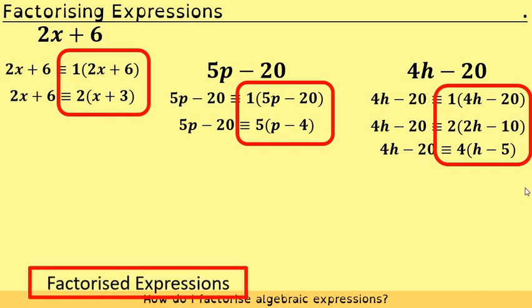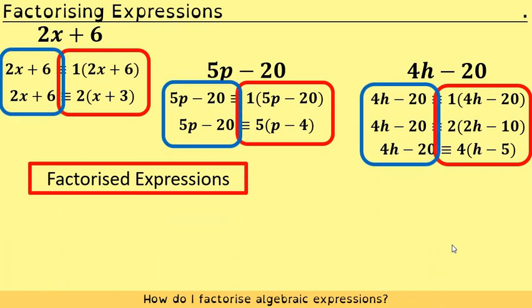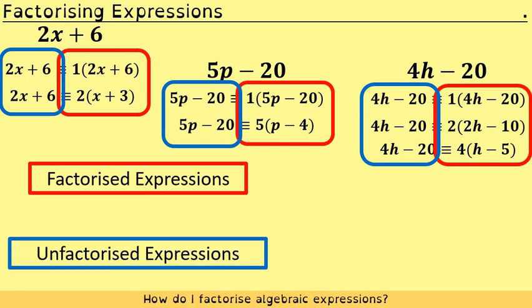So the expressions that I've circled in red are called factorised expressions, and factorised expressions are expressions that contain brackets. Now the expressions that I've circled in blue, where they don't have brackets, are called unfactorised expressions. So factorised expressions have brackets and unfactorised expressions do not.